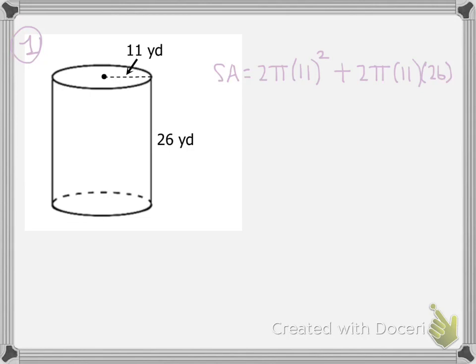So 2 times pi times 121 plus 2 times pi times 11 times 26. So that should give you 2557.26, and we're in units, yards squared.